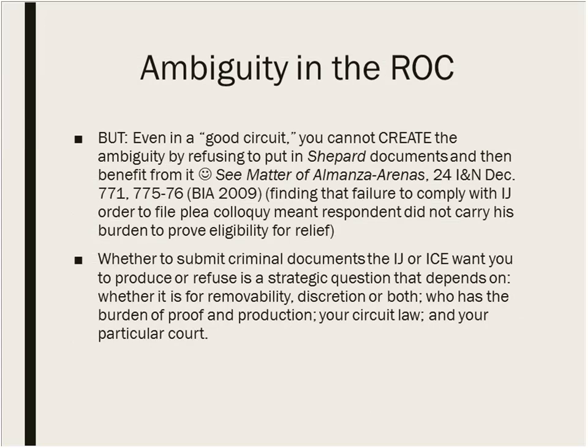Even in any of our good circuits, you can't create an ambiguity by refusing to put in a document and then benefit from it. Say the IJ orders you to file this, where you have the burden of production, and the plea minutes are bad, or you think they might be bad, so you haven't gotten them.